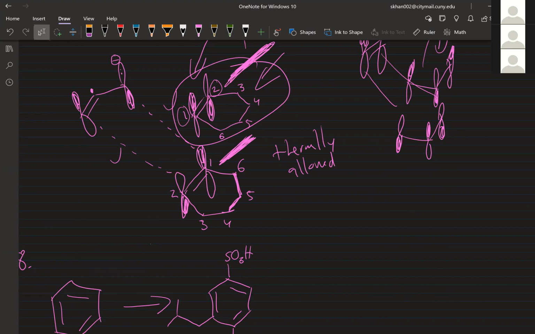We did not do any chemical change. We did not excite it or anything. We're literally just changing the face of approach, because there's only 2 faces. So if we make sure on both sides it doesn't line up, then it won't be thermally allowed. I could have just drawn it correctly to begin with, but I did it to show that in case people drew it that way and messed up their orbitals, they would do that check.